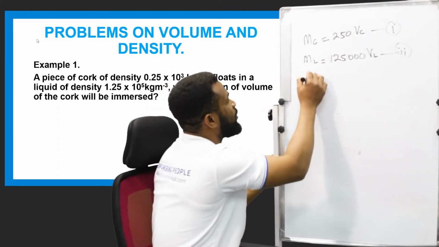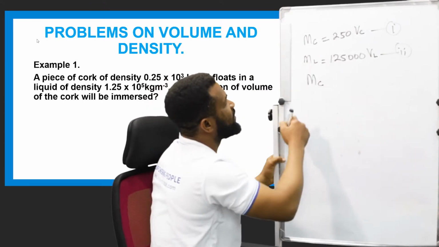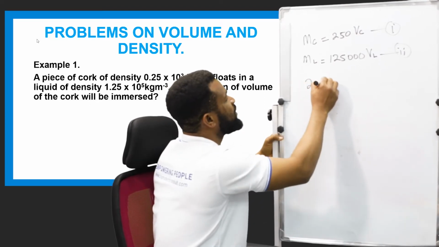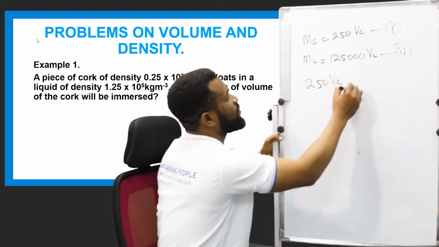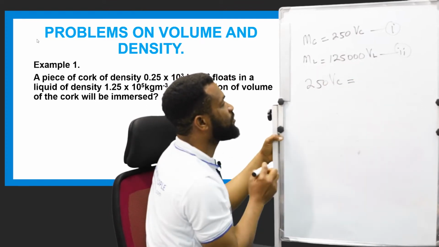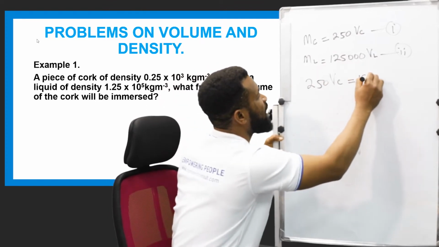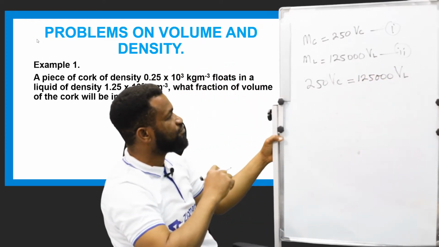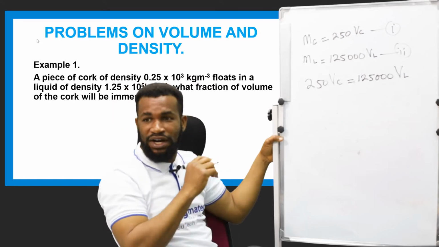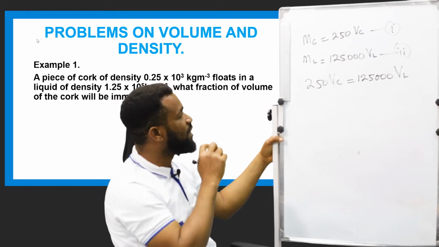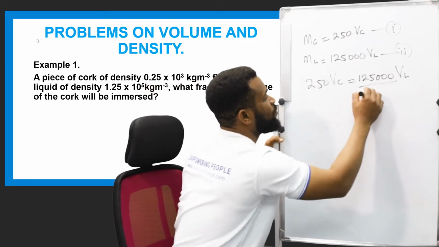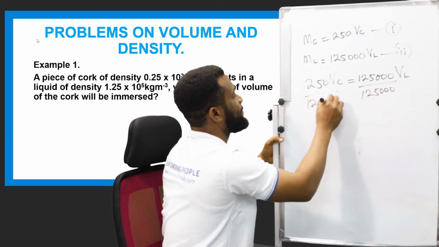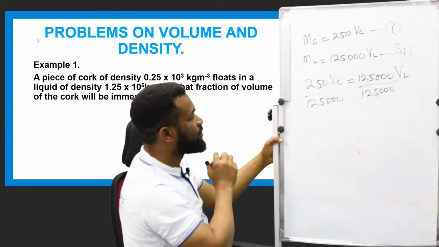The mass of the cork given as this, 250 multiplied by the volume of the cork, is going to be equal to the mass of the liquid, which is 125,000 and the volume of the liquid. So in order to find the fraction of the volume of the cork that was immersed, I have to divide 125,000 on both sides, and that will cancel this.